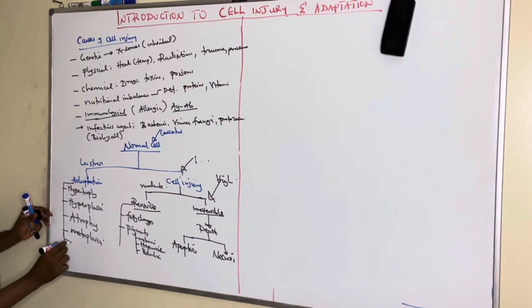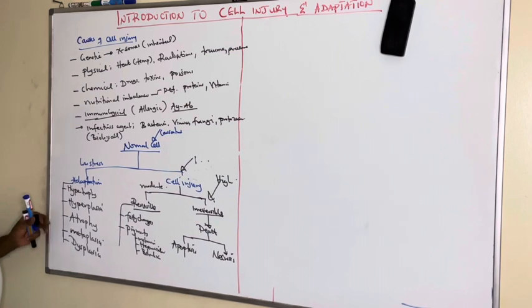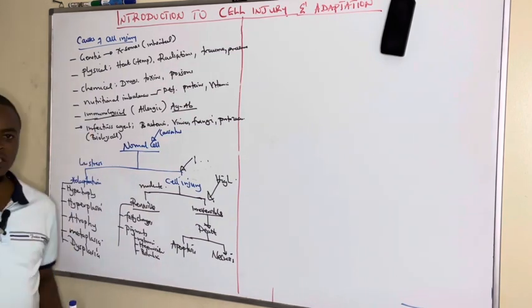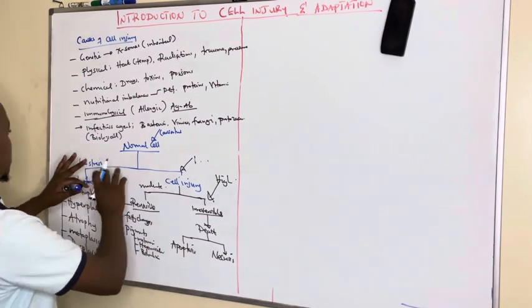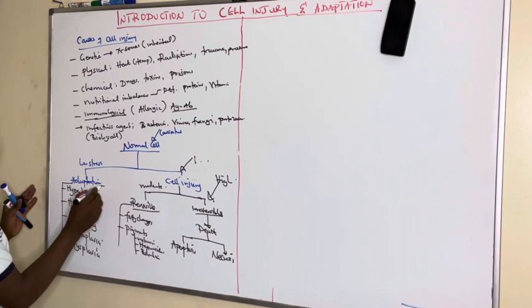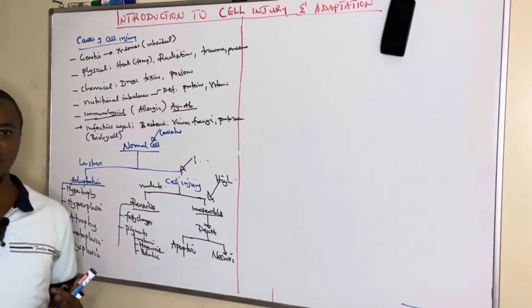And sometimes we also discuss about dysplasia. So these are the adaptations. So after seeing the causes of cell injury, then we discuss the mechanism, how cell injury comes about, and if the stress is low, how adaptations come in.